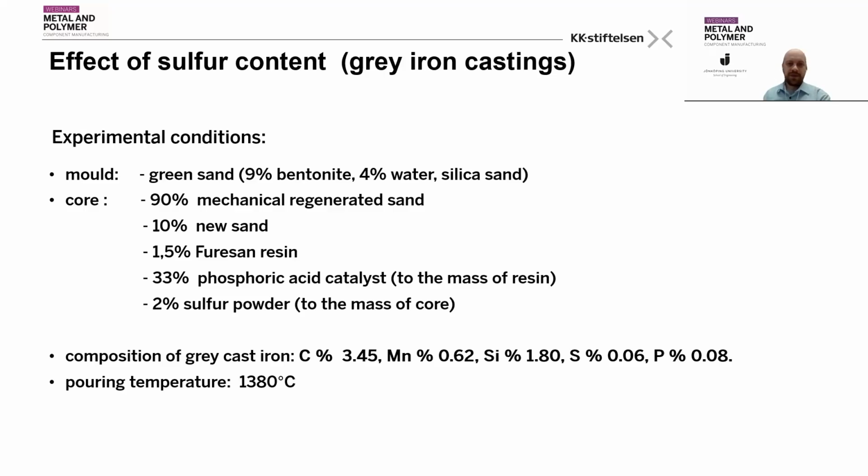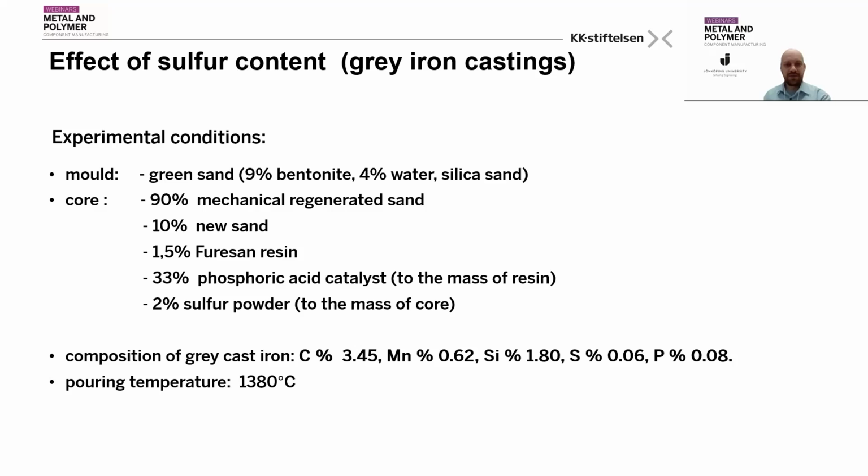And when it comes to the addition of sulfur, we try to oversaturate the system with sulfur at one point to get very harsh reactions. And therefore we came up to add quite an amount of sulfur powder mixed in the sand before making the core.